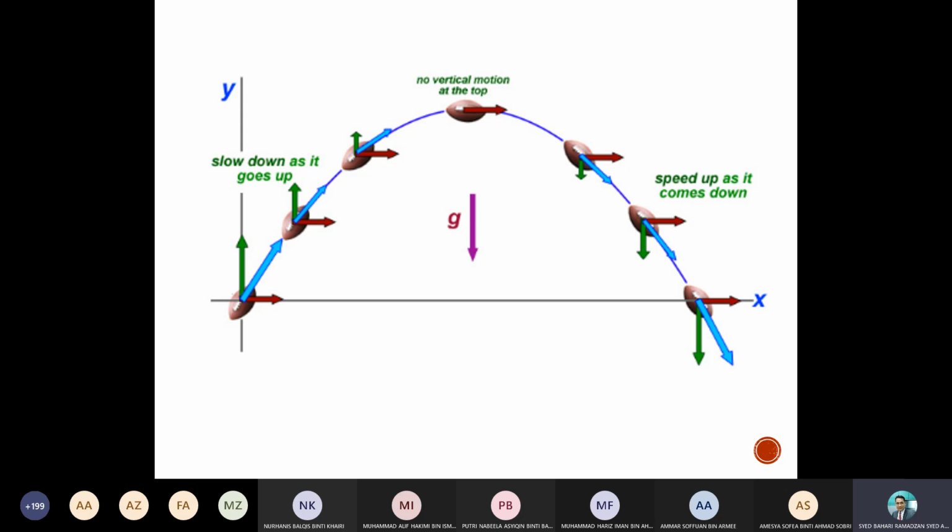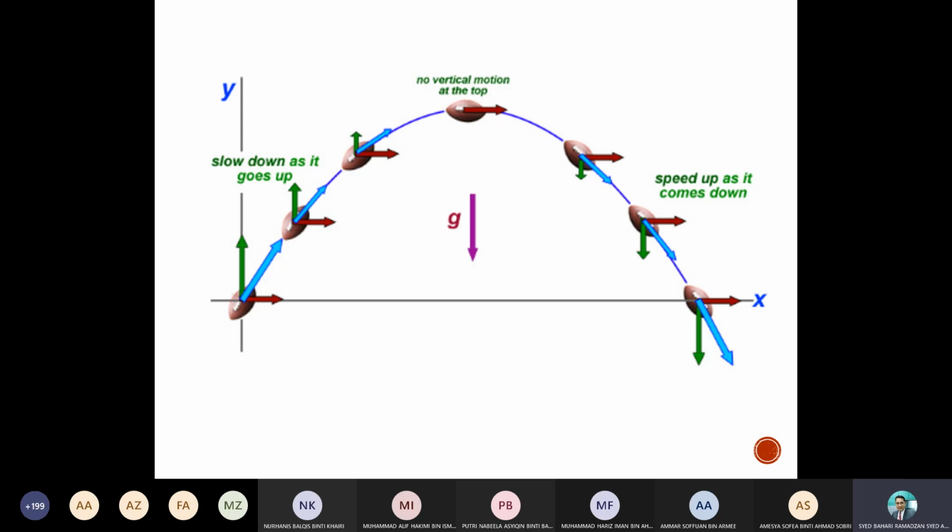I already mentioned that in free fall motion. So y decreases because it needs to go against the direction of gravity. So it decreases, and then it starts to increase, but in a different direction. This is the y direction, and at this side the direction is different, so one is positive and maybe the other is negative.